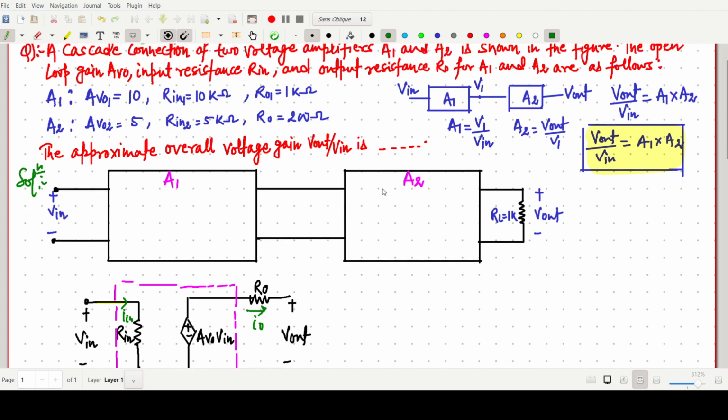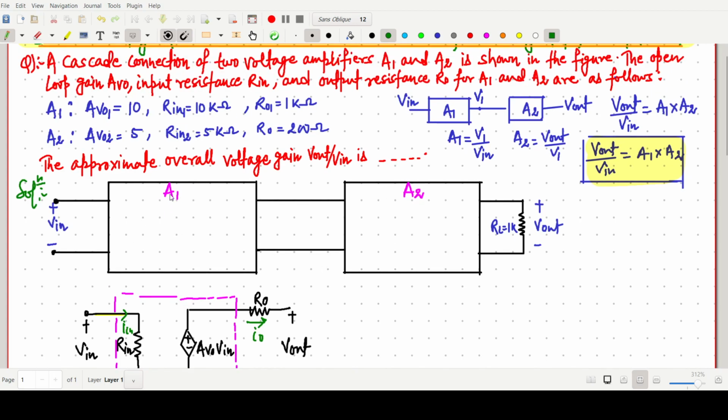These two are given in the circuitry. So first we have to make this equivalent model. Let me draw it.